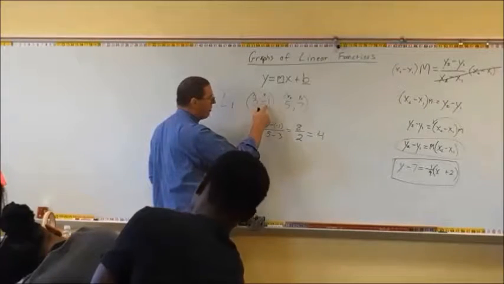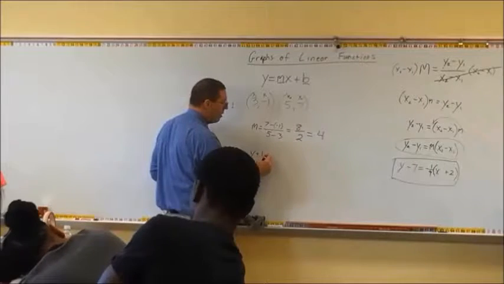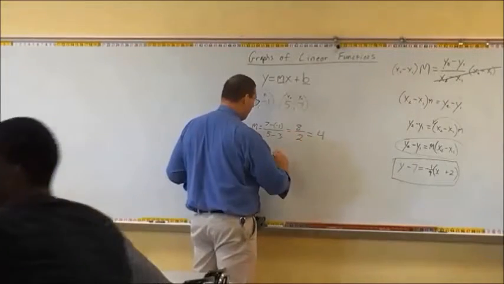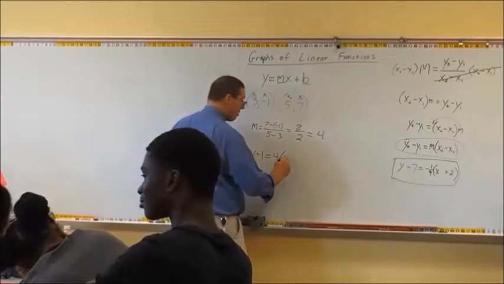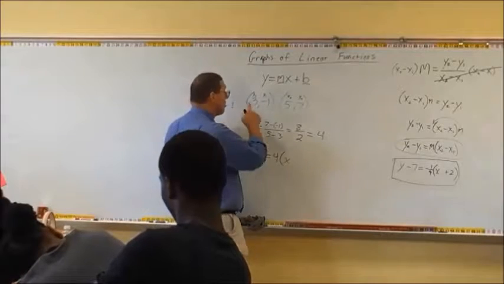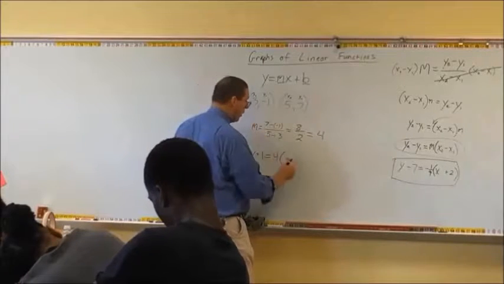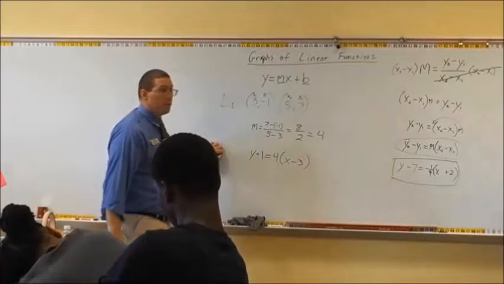What would y minus negative 1 be? Y plus 1, that's right, equals the slope 4, parenthesis, times x minus 3, because it's got to be minus the x that comes from the same coordinate.